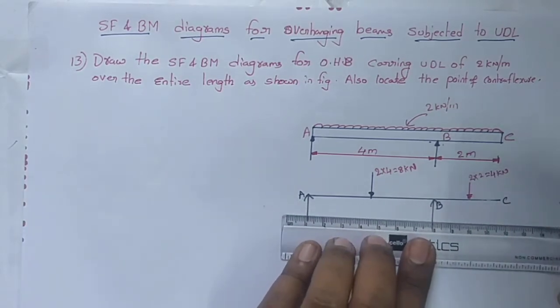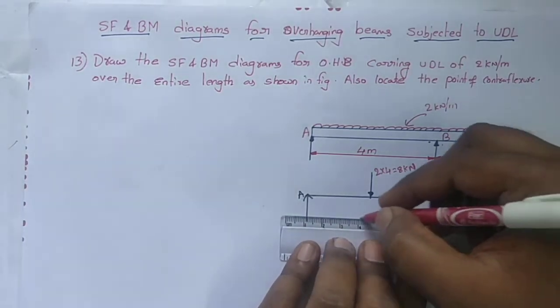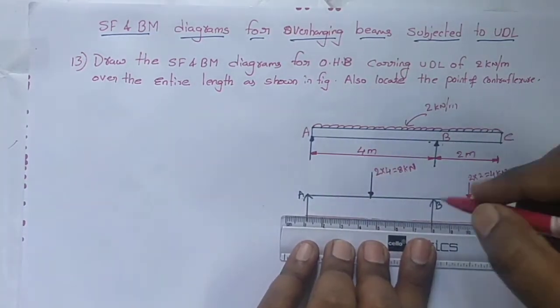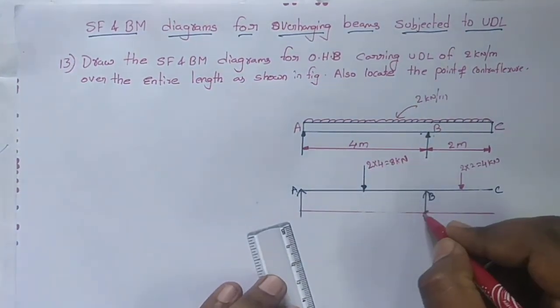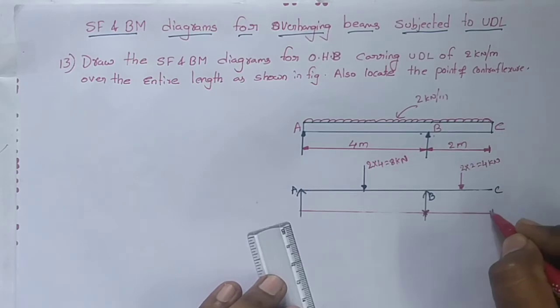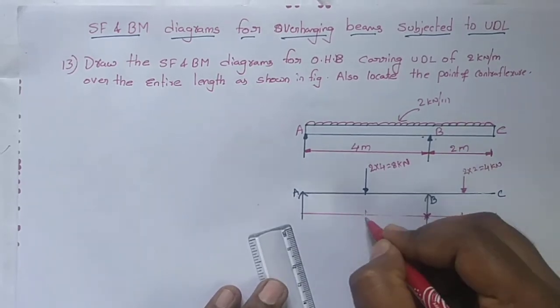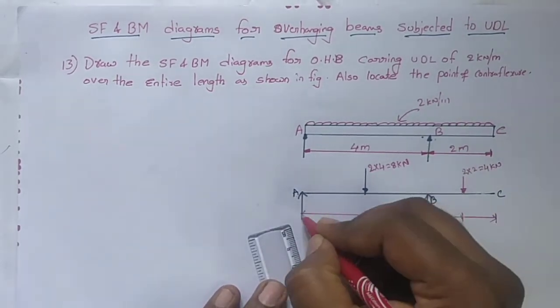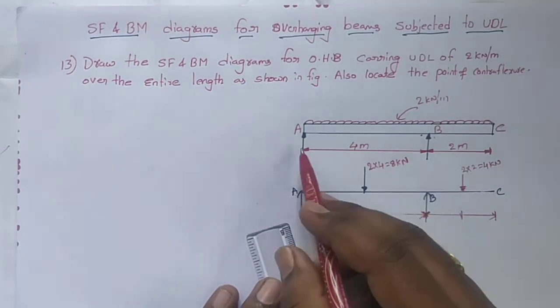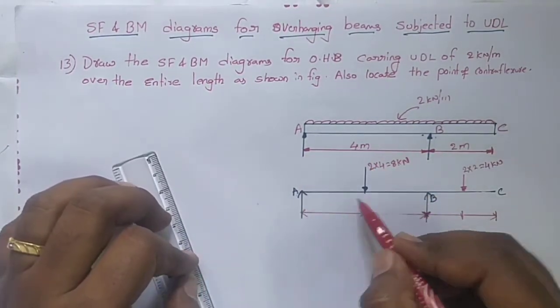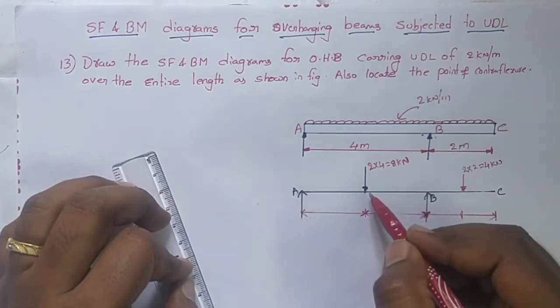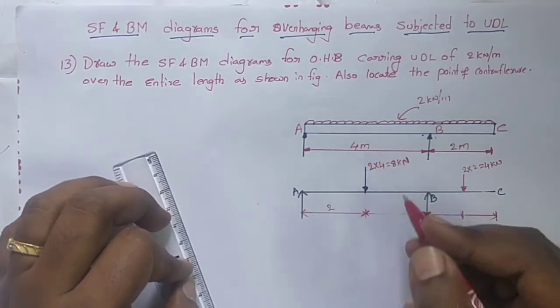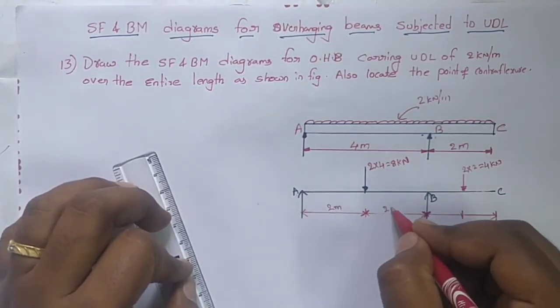Now I am giving the dimensions for each point. From A to B is 4. The load acts at the midpoint of AB, so this distance is 2 meters and this distance is 2 meters.